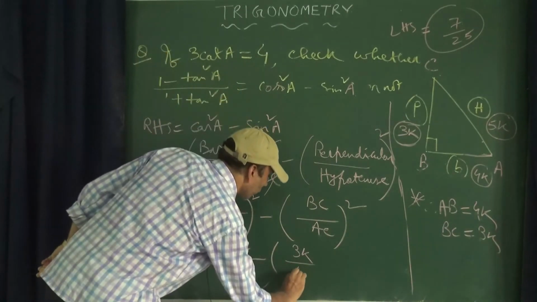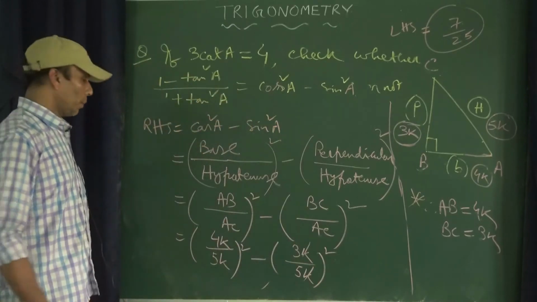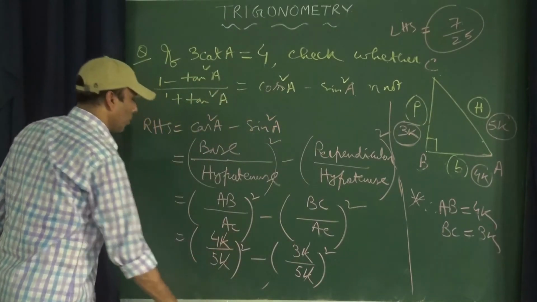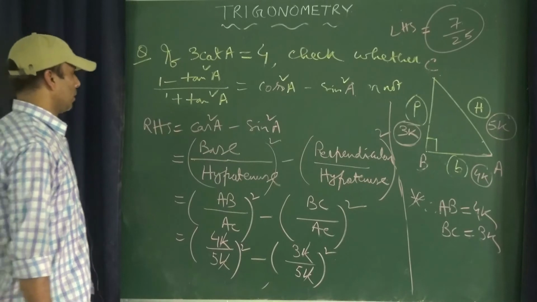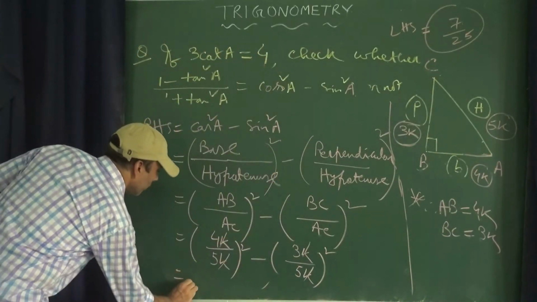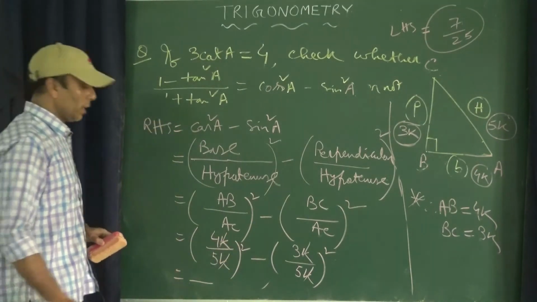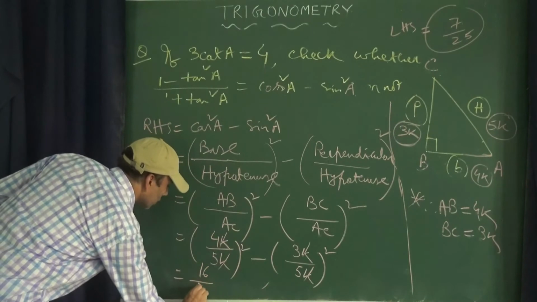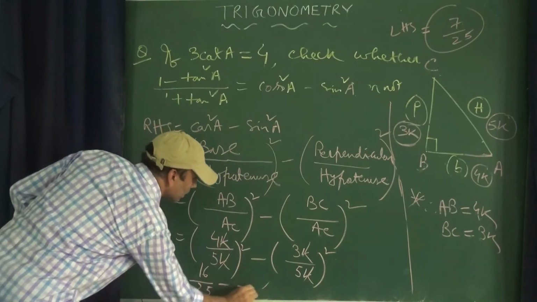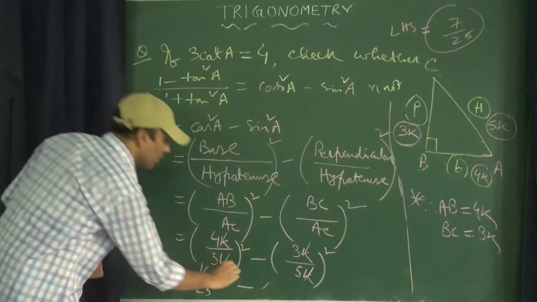So 3K by 5K, then whole square. So K from numerator and denominator cancelled, and here also. So this is equal to 4 by 5 whole square, which gives us 16 by 25, minus 3 by 5 whole square, that will give us 9 by 25.